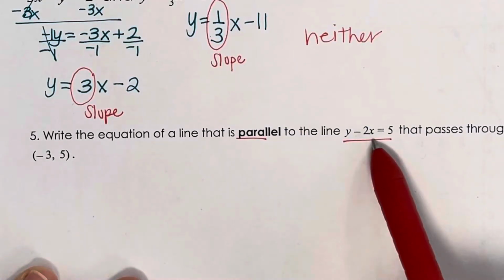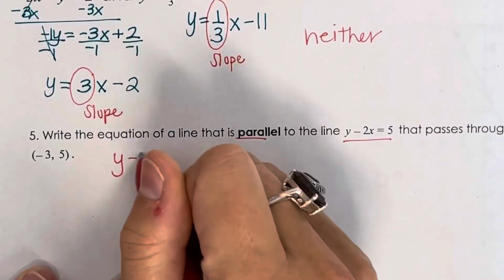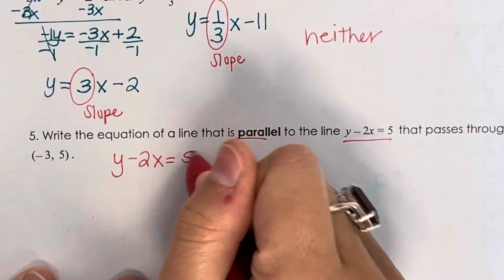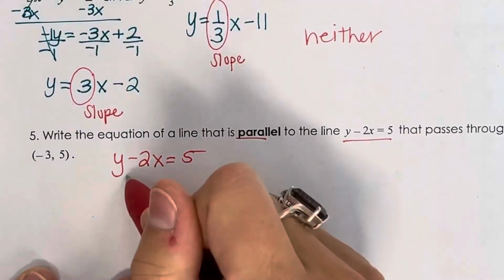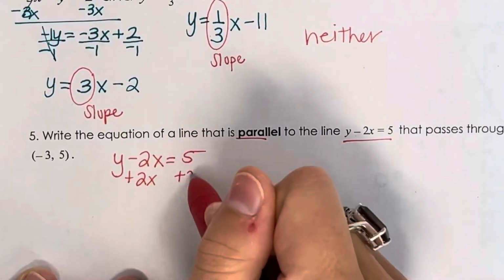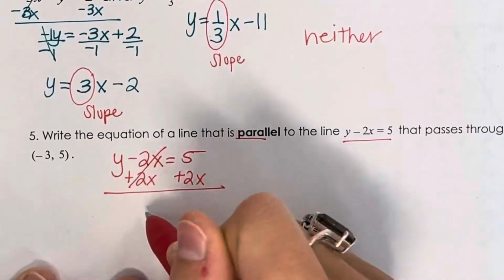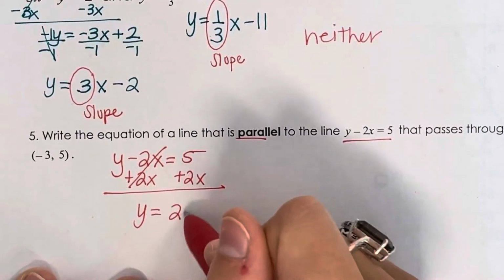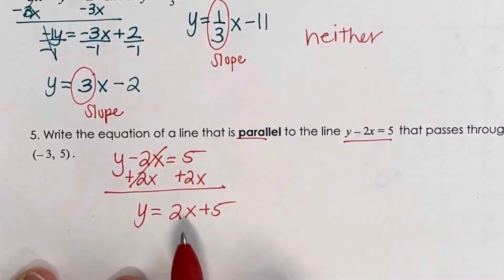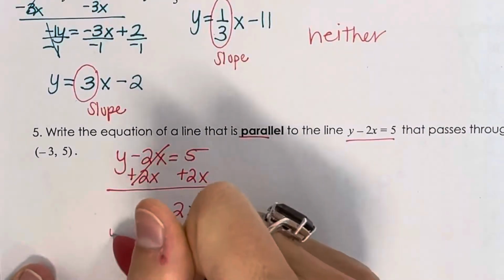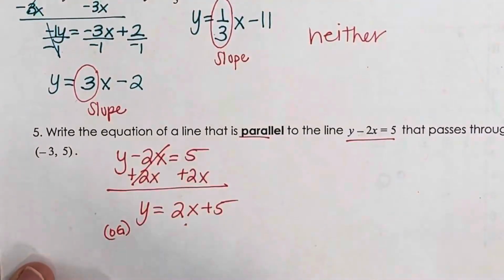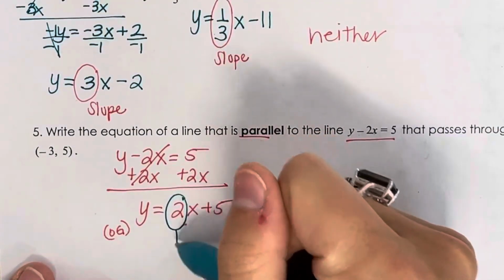So I'm going to start by rewriting this equation to be in the correct form. I want to get the y by itself, so all I'm going to do is add 2x to both sides. I get y equals 2x plus 5. Now, that's my original equation. I'm going to put OG over here. It's my original. The slope of that equation is 2.